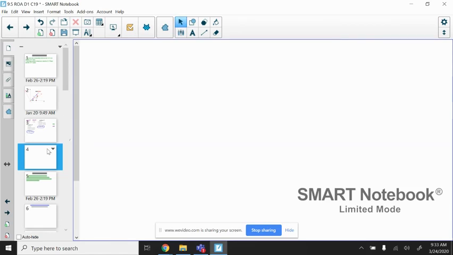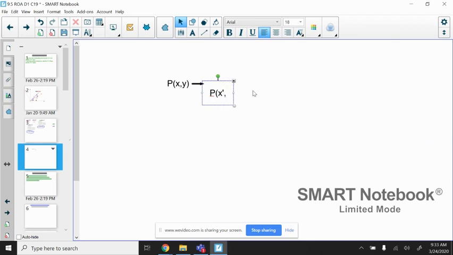And somewhere in your notes, you need to fundamentally understand that if we were to take any particular point P in terms of x, comma, y, we can, using trigonometry, transform it into a particular point P that I can now express in terms of x prime, comma, y prime.